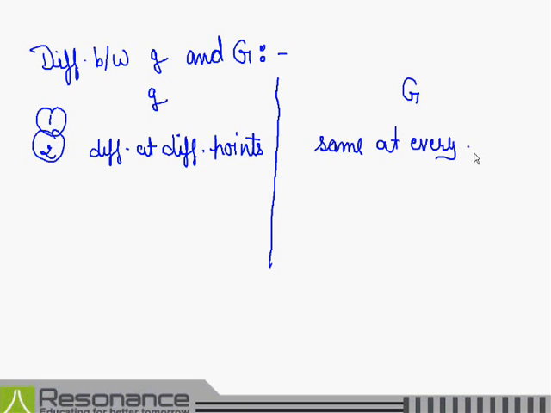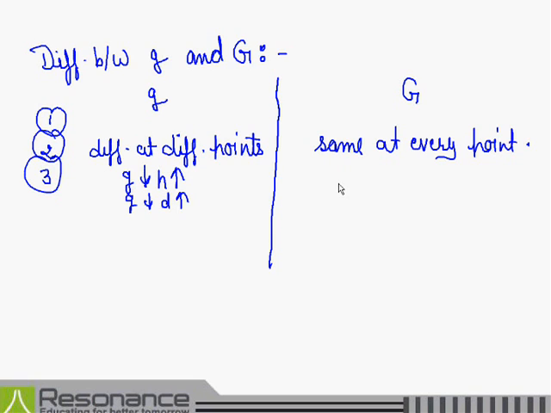Third, the value of g decreases as we go higher from the surface of earth or as we go deep into the earth. But the value of capital G does not change with height and depth from the surface of earth.